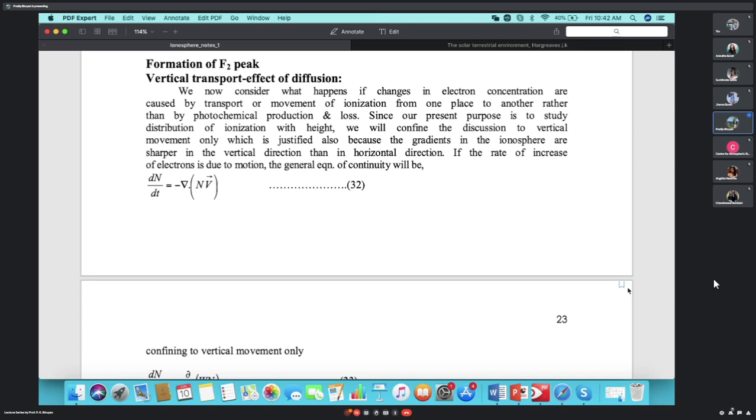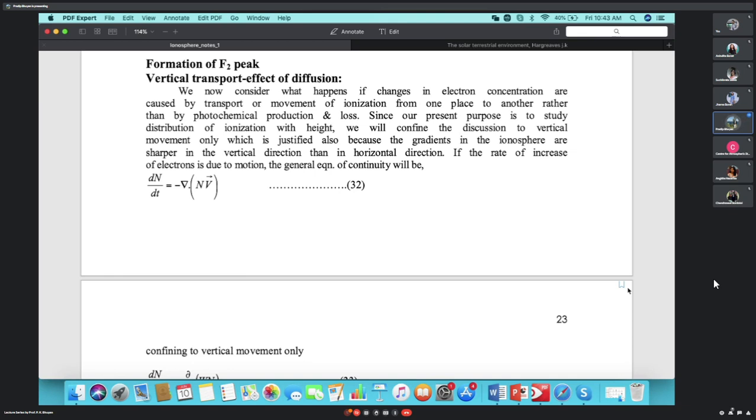When we consider this transport or movement of ionization from one place to another, right now we will forget about production and loss. We will concentrate on the movement.